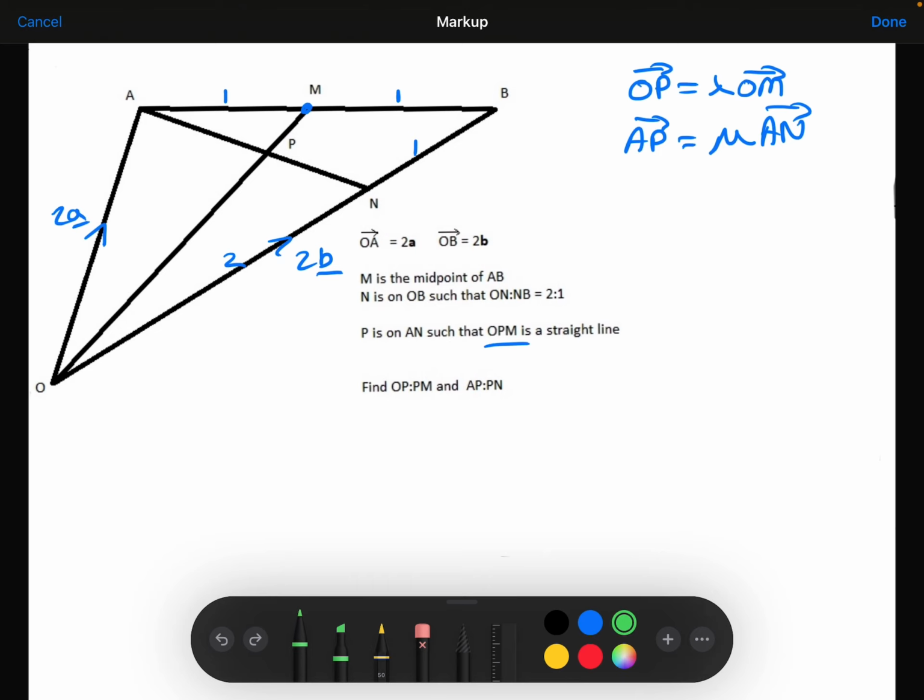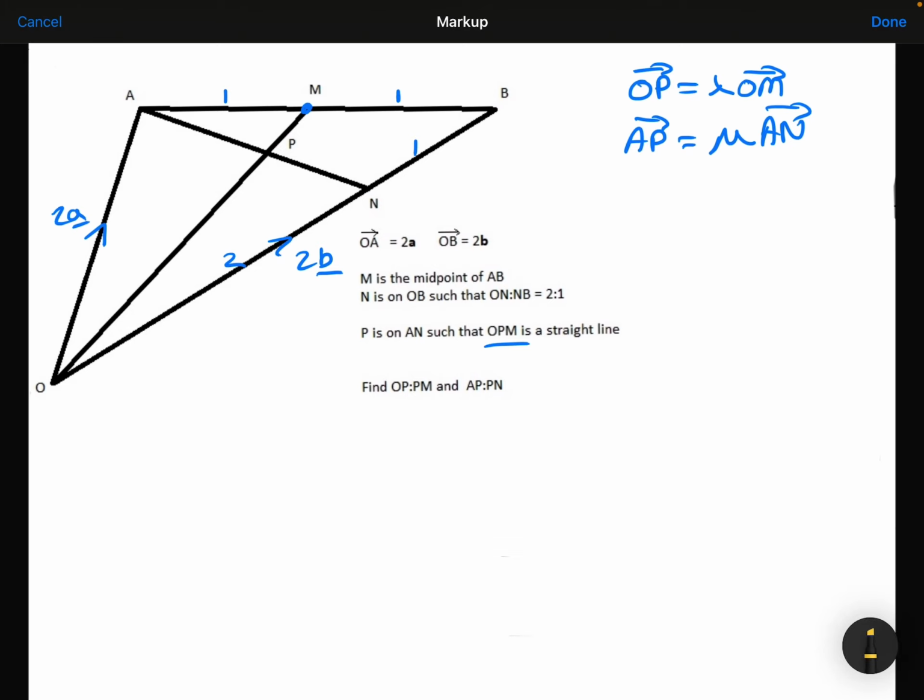Right, to do this, we're going to pick a vector here and we're going to find it in 2 different ways. The vector I'm going to pick is going to be the vector O to P. It doesn't have to be, you could do a different vector, it's just the one I'm choosing to do. And I'm going to do this in 2 different ways.